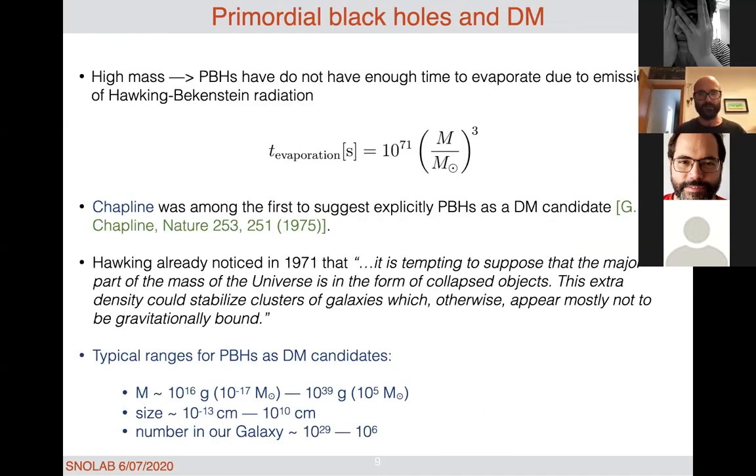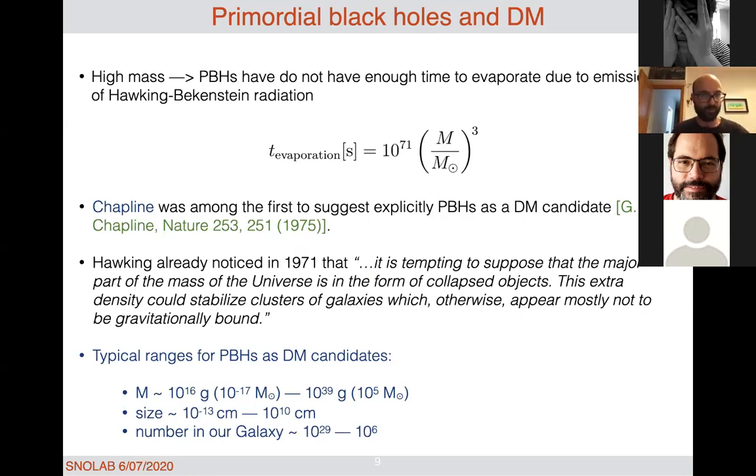And actually, the interesting connection with dark matter is that, in principle, these objects are stable over cosmological scales if they are massive enough, more massive than about 10 to the 16 grams, which is 10 to the minus 17 solar masses. If they are less massive than that, they are expected to evaporate through the emission of Hawking radiation.